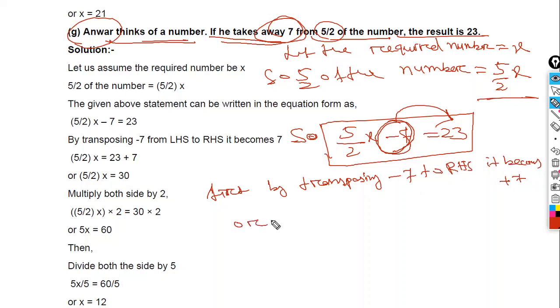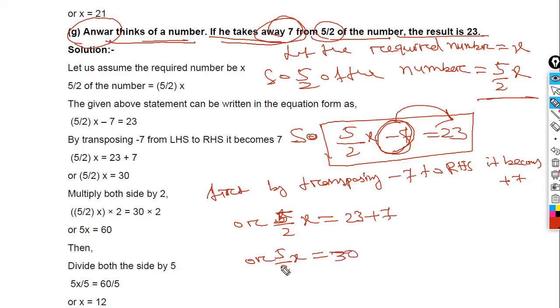So 5 by 2x equals 23 plus 7, which is equal to 30.